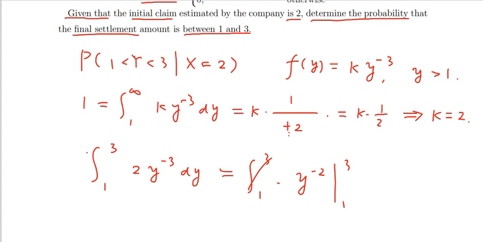So we get 1 minus 1 over 9, which means the probability is 8 over 9.